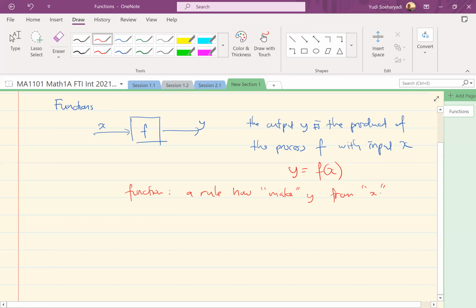Okay, so in the case of x and y are numbers, f is a rule to compute y from x.